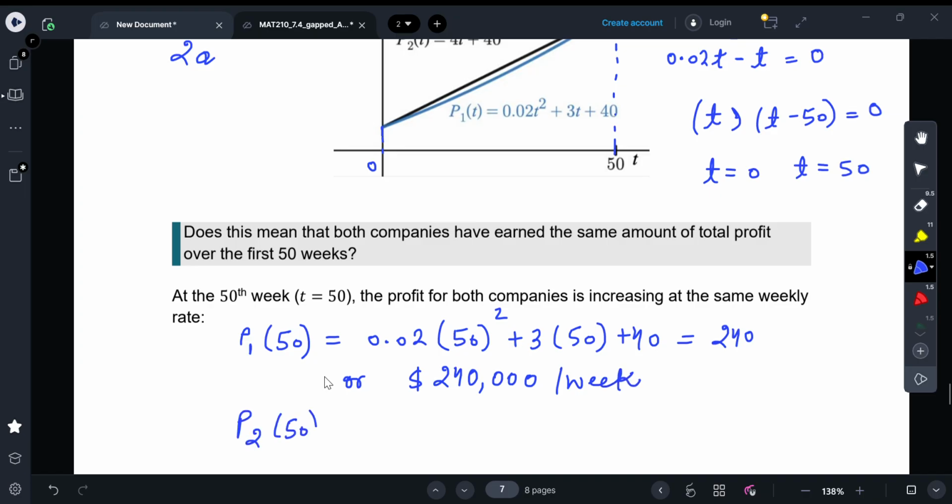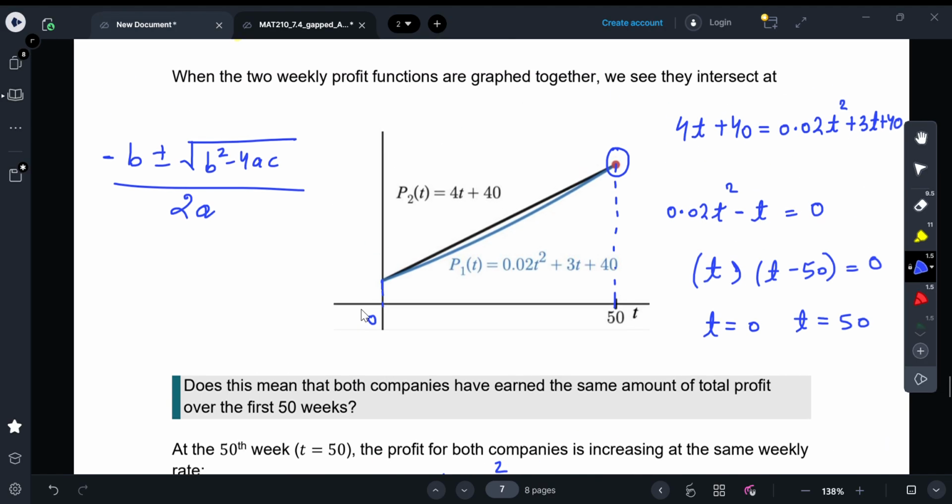When I calculate the same profit for the second company, plug it in there, so you get 4 times 50 plus 40. Well, this again turns out to be 240, and hence they intersect because the profit matches, right? The y value for the 50th week is the same, which is 240 on the graph.